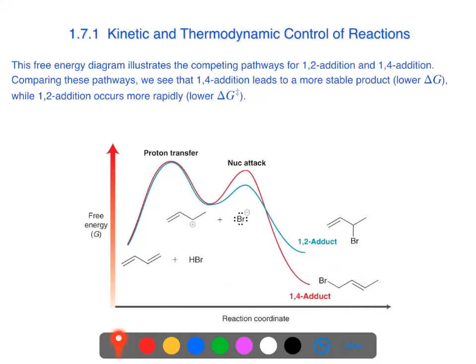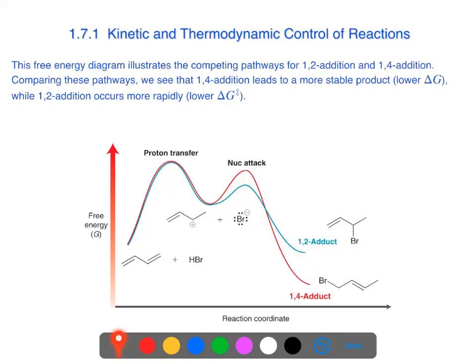However, if one or both of those reactions are potentially reversible, then we expect that over time, we're going to form more of the thermodynamically favored product as opposed to the kinetically favored product. And the reason is that when we carry out the reaction at low temperature, yes, due to the differences in the free energy of activation, the barriers between these two pathways, we would expect that we would form more of the 1,2 adduct.